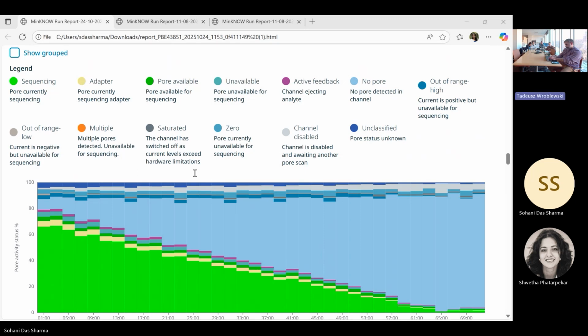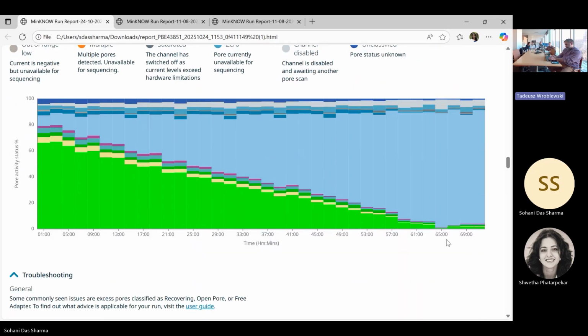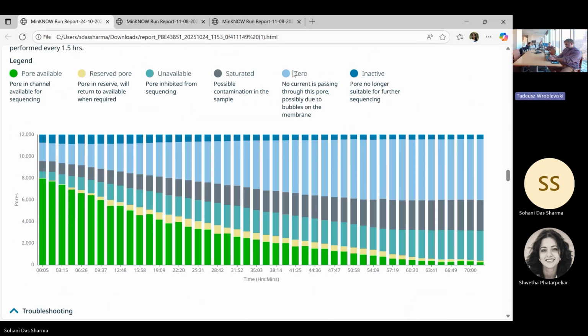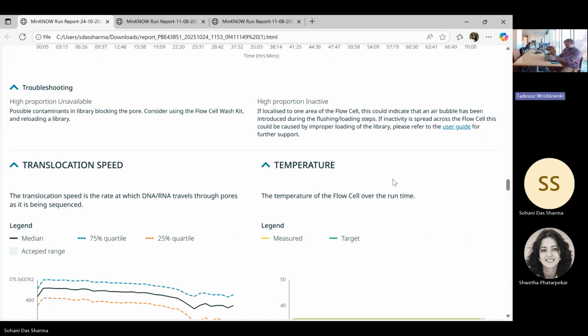The 0 means completely no current. And I think unavailable is the contamination. Let me see. They have the distinction of no pore here. It can fail to detect any pore, mostly because of unavailable, it's all used up because of that. So it is a maximum of 0 pore, no electrical current detected. So it's all dead at that time.